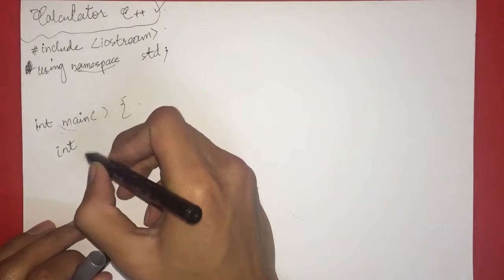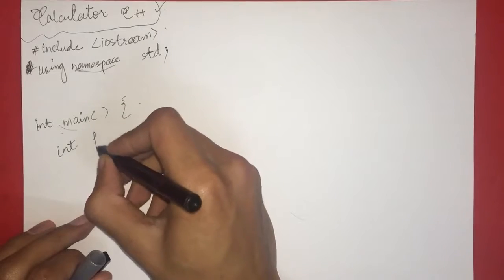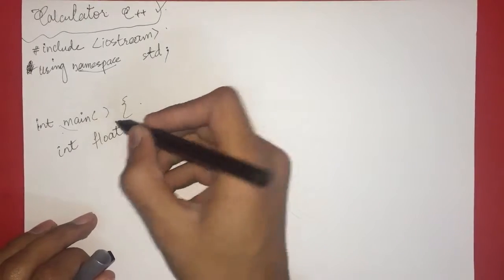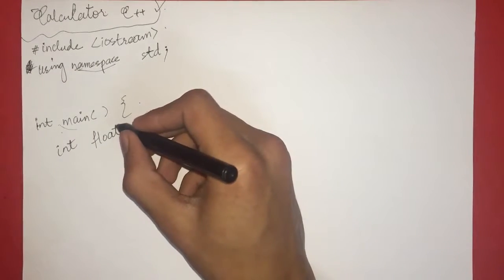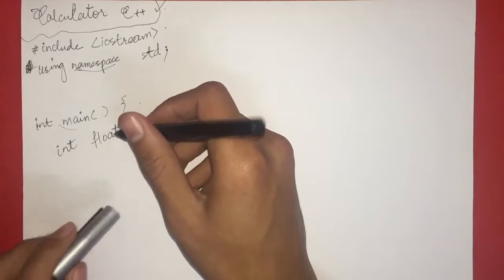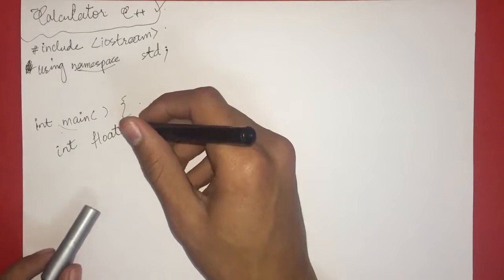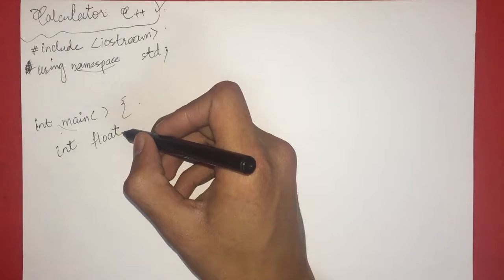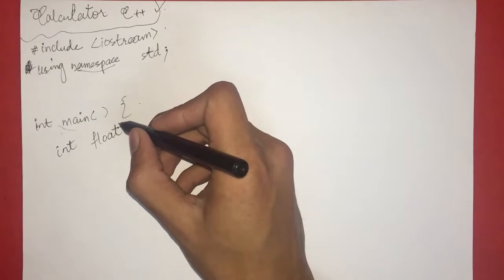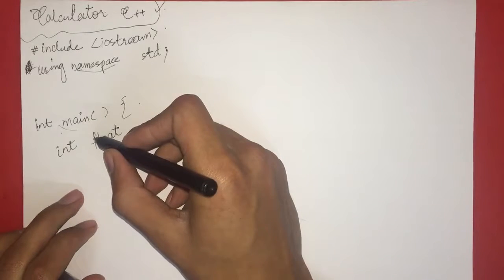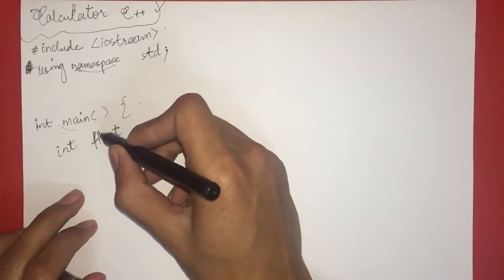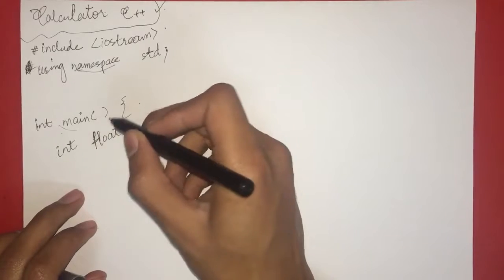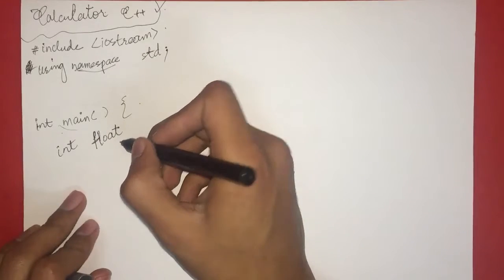So we are creating a calculator, so we should take float. You can take int values, but you should be more general towards your audience. You should at least let them use float values in your program.